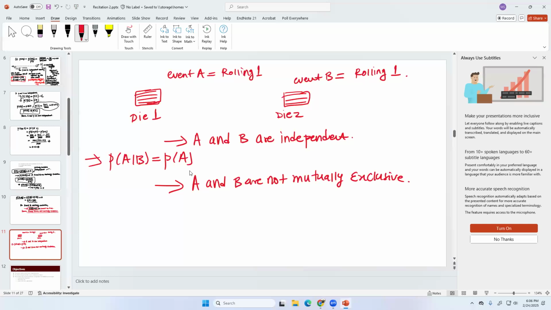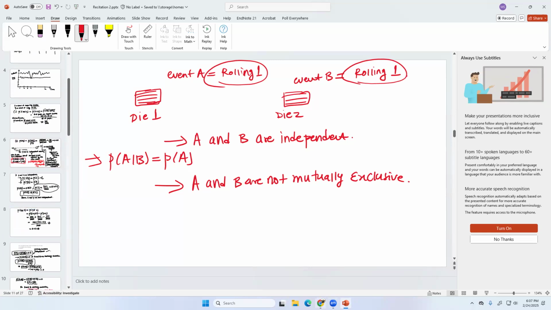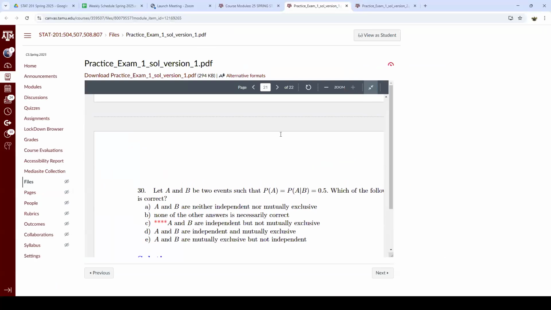So yeah. So when you have two events, check if they are independent or not, if they are mutually exclusive or not. There are different ways to do it. If you know what the event is, then you can sort of do it intuitively. But if you don't know the event, but instead are given the probabilities for them.